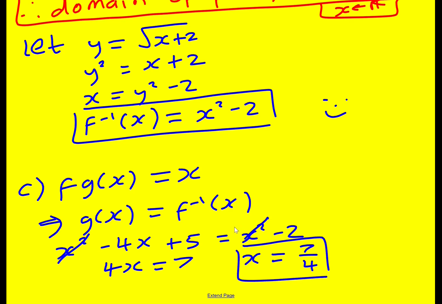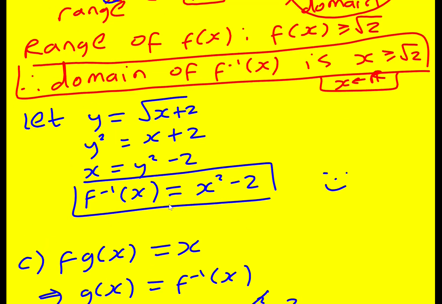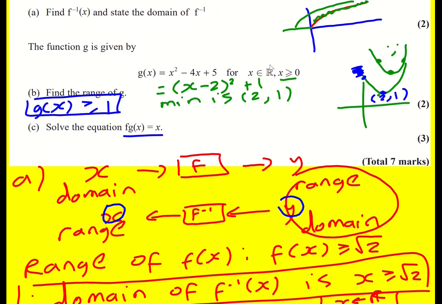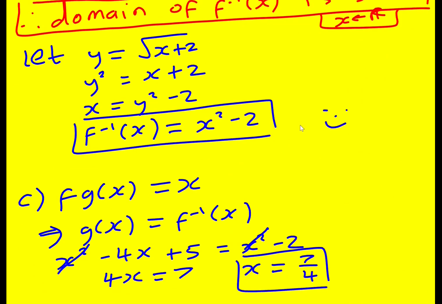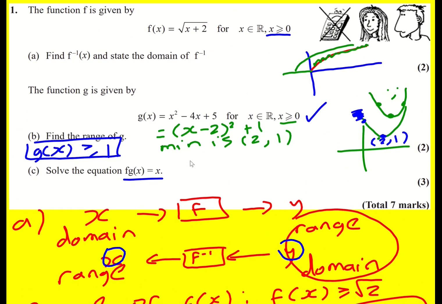Now I think there's just one thing I need to be aware of. I'm finding f of g of x, remember, so we need to check that this is valid, because g of x is only valid for x greater than or equal to 0. So that is okay. And then we need to check that it's also okay for f of x. The domain was that x is greater than or equal to 0, and when I put 7 over 4 into g of x, I will in fact get that.